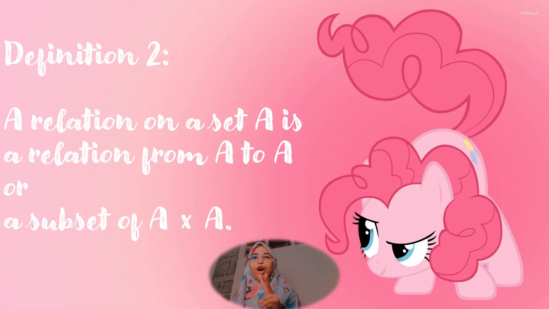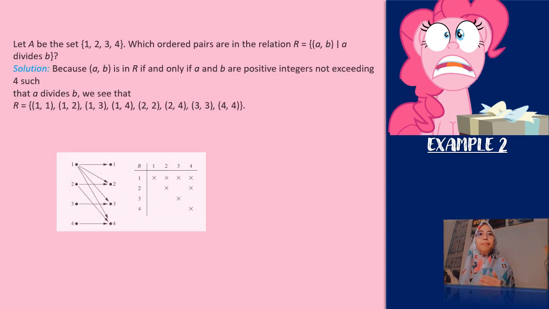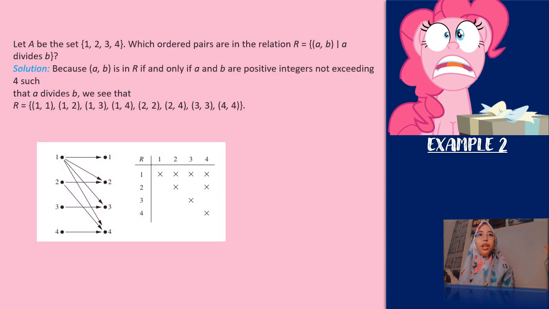Definition 2 of relation. A relation on a set A is a relation from A to A, or a subset of A times A. Okay, we can see here. For example, let A be the set {1, 2, 3, 4}. Which ordered pairs are in the relation R, where (a, b) is in R if a divides b?